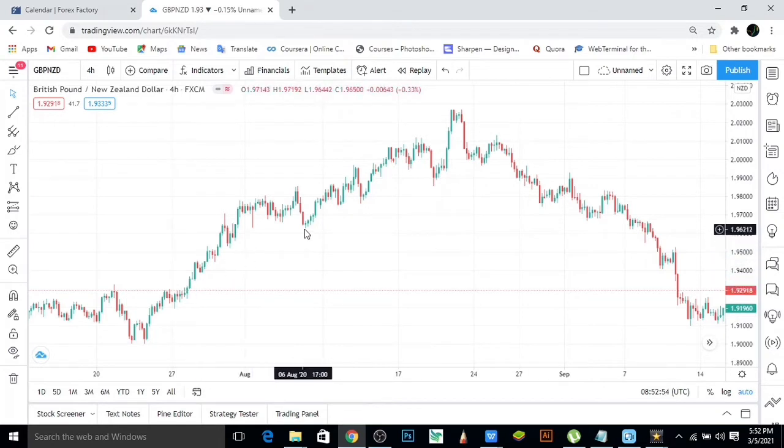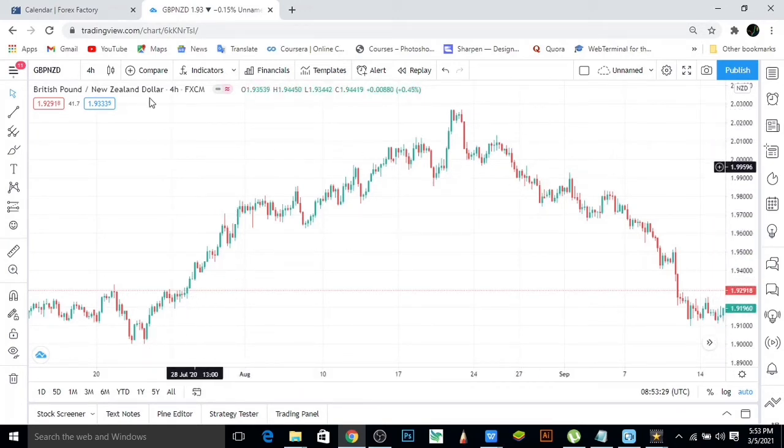It's mathematical, so we won't go in depth into that, but it calculates the average movement of price over a given period of time, then it plots that out as a line, a moving line, a line that moves with price.